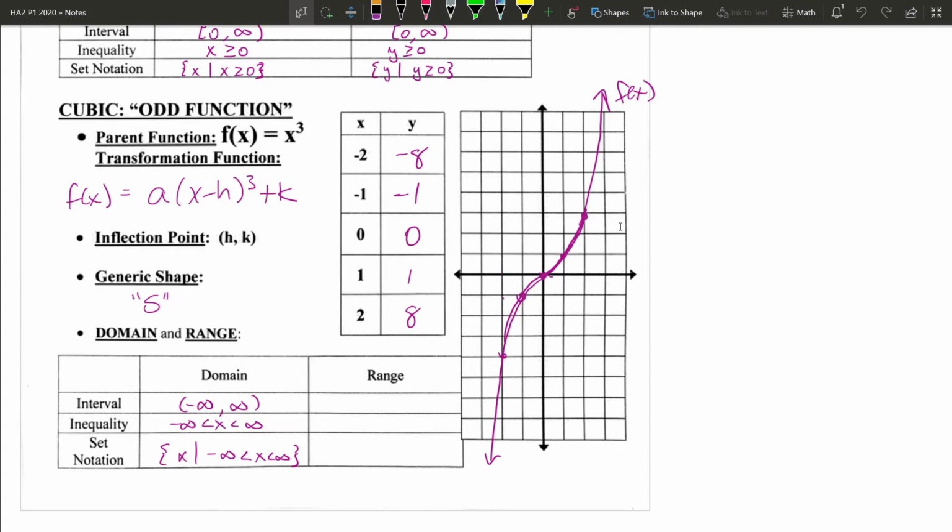And the range is going to do pretty much the same thing because it goes up and down. My range is also negative infinity to infinity, written a few different ways. y such that negative infinity less than y less than infinity. Like I said, you could also say that the inequality is just all real numbers.